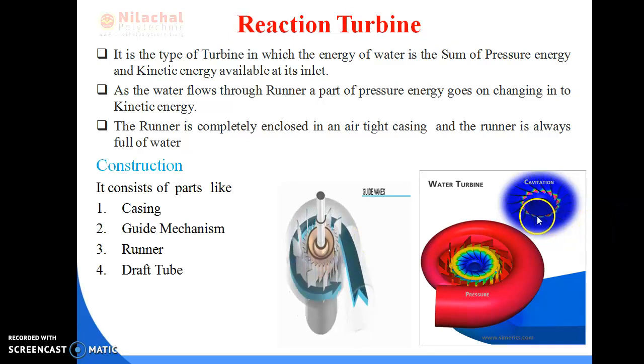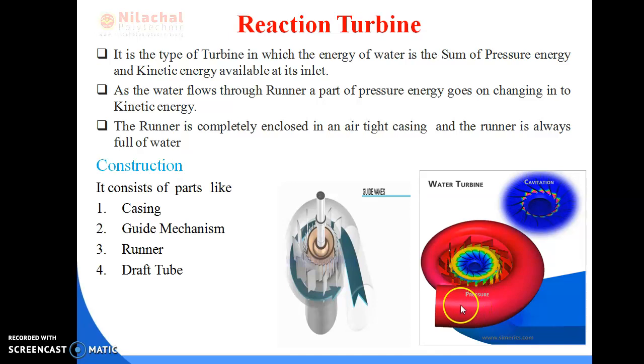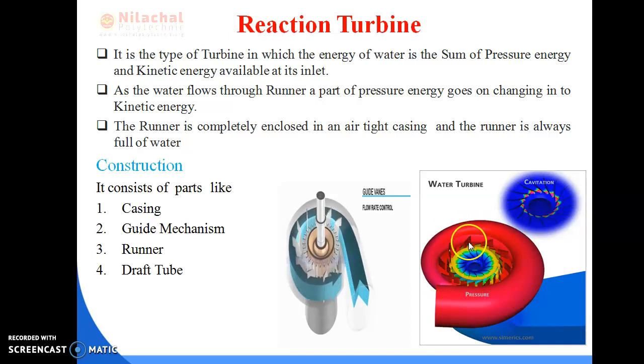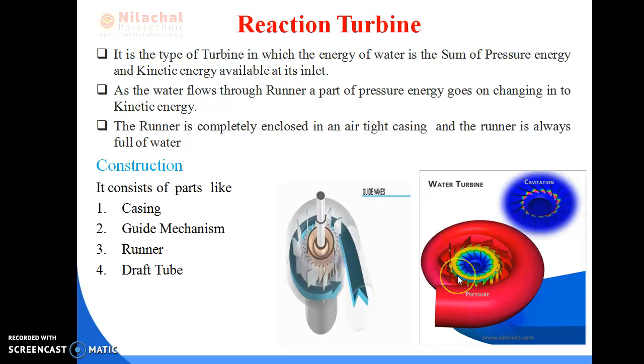In the second animation, the rotational motion of the runner is carried out with the energy of water. This is the casing. Inside this casing the water enters, and these blades are known as the guide blade mechanism.